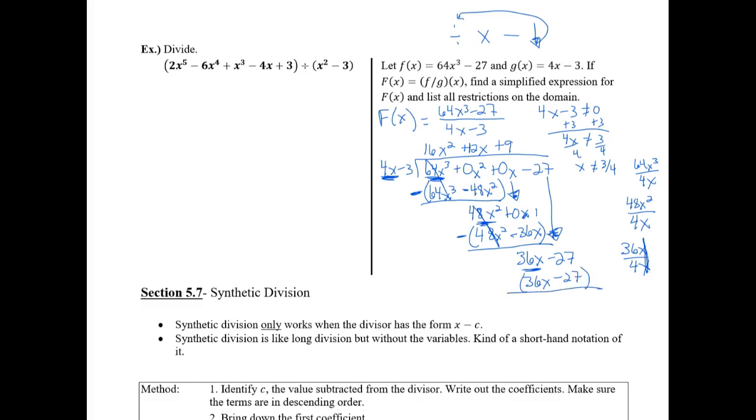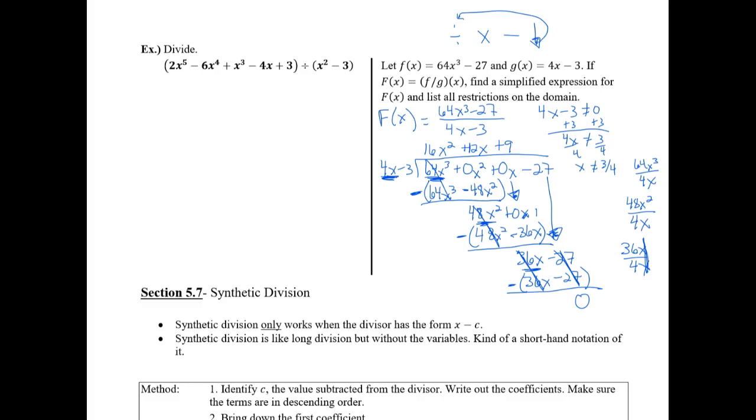Subtract. 36x minus 36x is 0. Negative 27 minus a negative, again, minus a negative makes plus. So negative 27 plus 27 is also 0. And there's no remainder here.